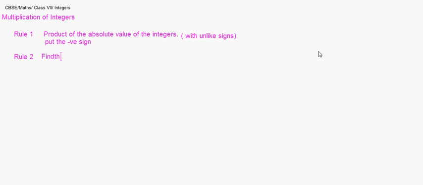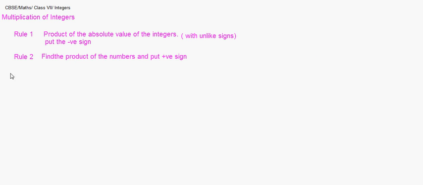Find the product of the numbers and put a positive sign, that's the plus sign, to it. That's the basic multiplication. We can see a few examples to clarify it.